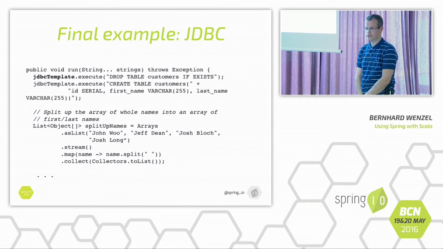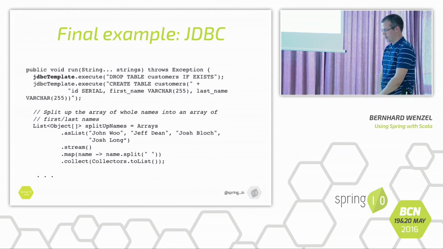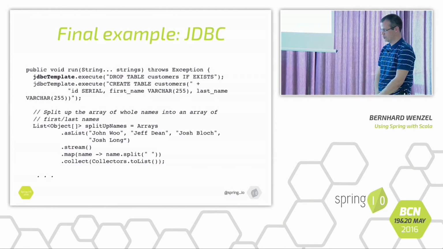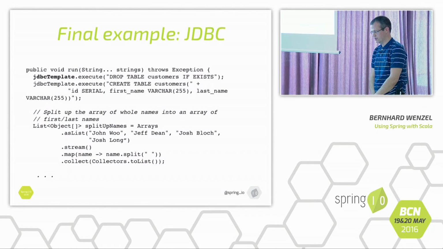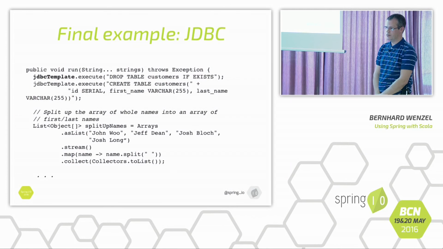Okay, final example, JDBC example. I'm going to talk first about the Java example, and then I go to the Scala case. So we access a relational database here, and everything is done via JDBC templates. So first we create a table.